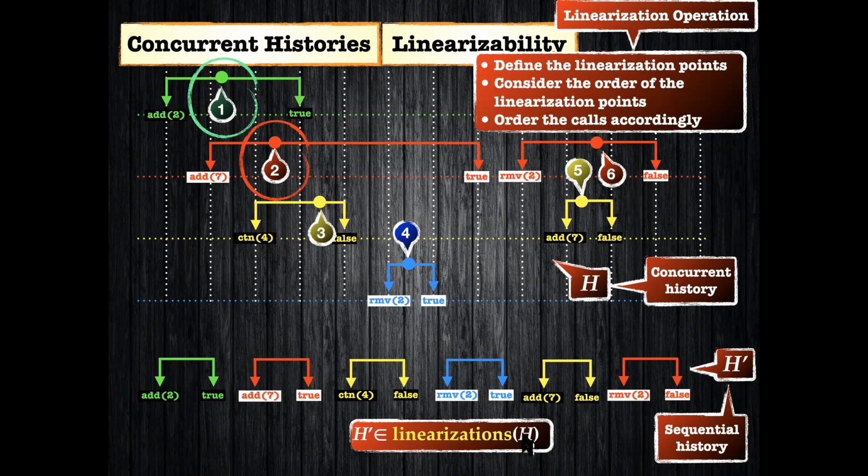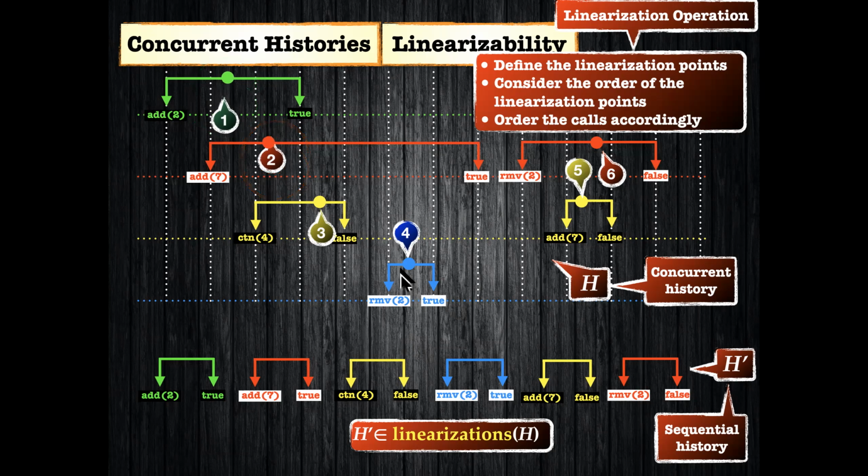In other words, a concurrent history has a finite set of linearizations, each of which is a sequential history, and each of which I obtain by a particular relative placement of the linearization points inside the method calls.